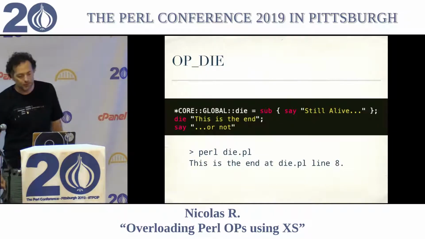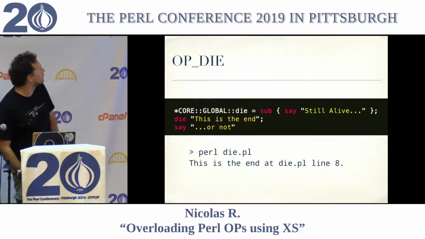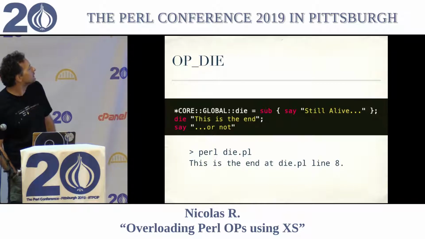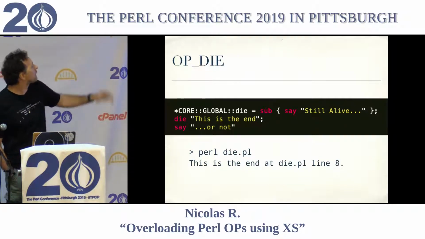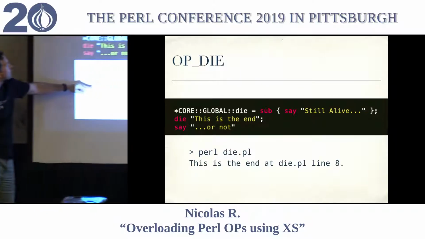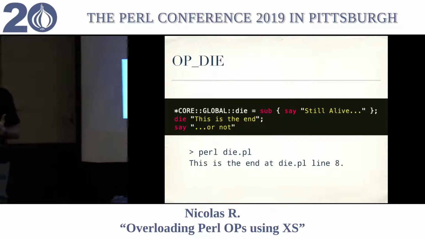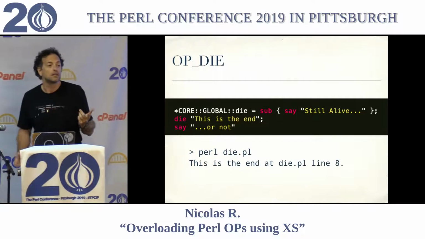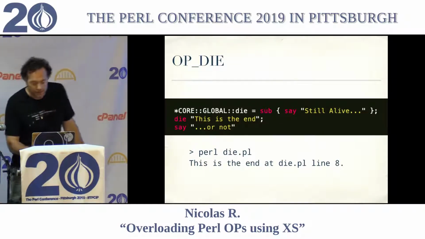So here's one attempt. For example, I set a function to overwrite die, saying, hey, do not die, I'm still alive. But the problem is if I run die here, you can see if I run that program, I'm clearly going to die. Why? Someone probably knows.